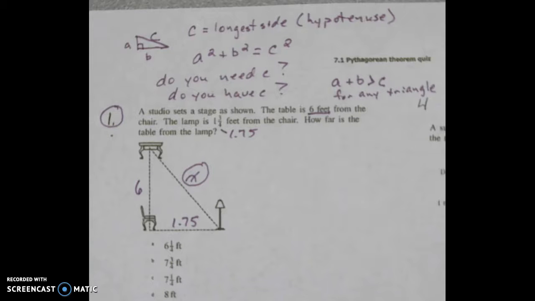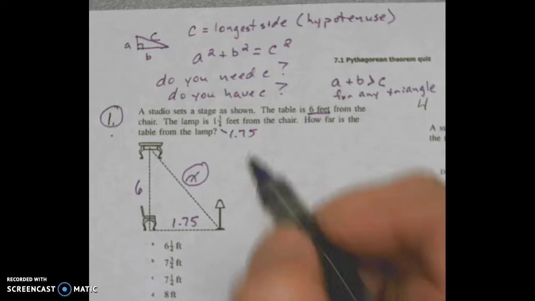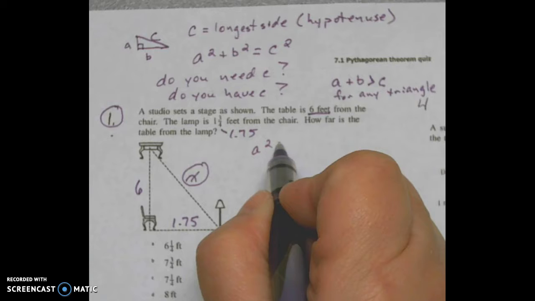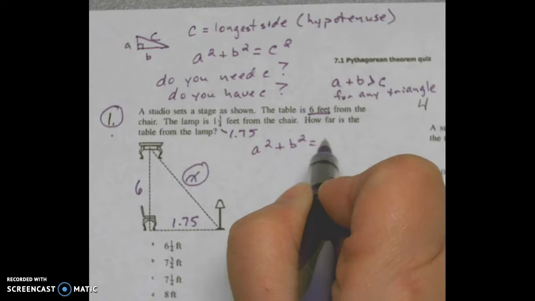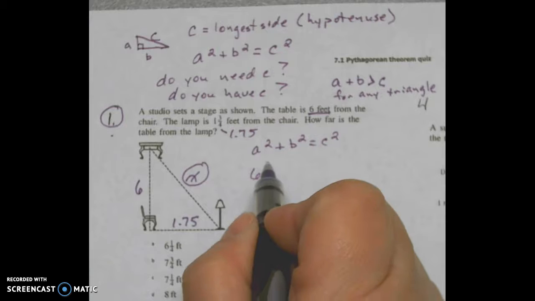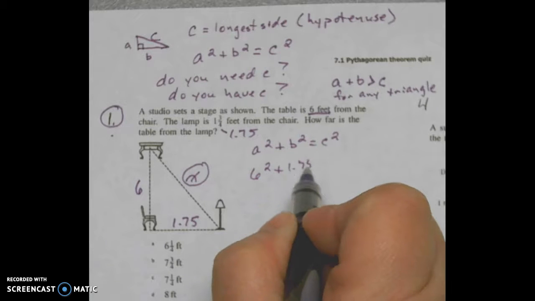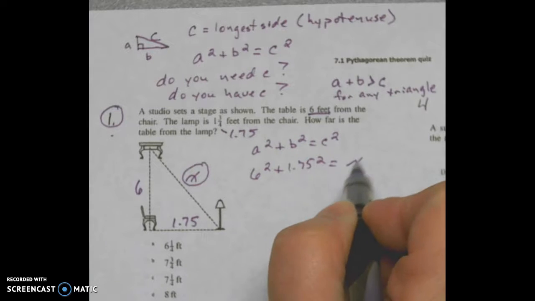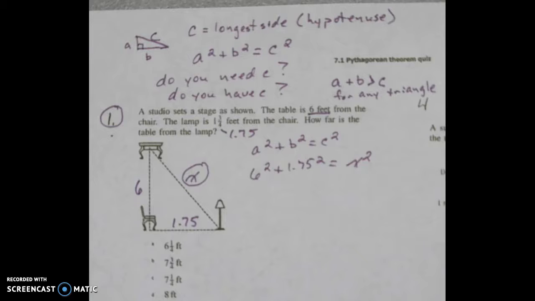So when I'm setting up this problem, I'm going to set up my A squared plus B squared equals C squared. And if I substitute in the values I have, 6 squared plus 1.75 squared equals the x squared that I want to have. I'm going to go ahead and put that in my calculator.